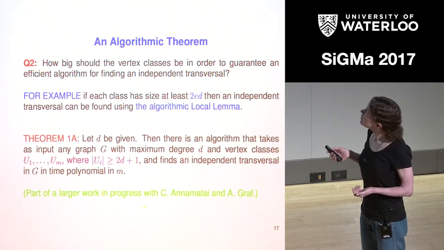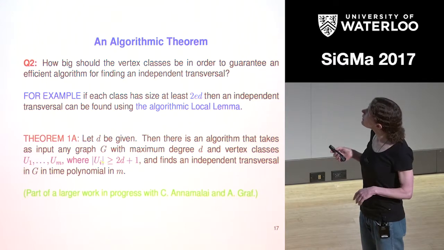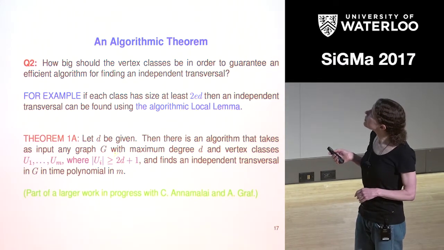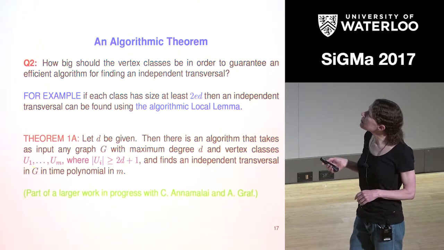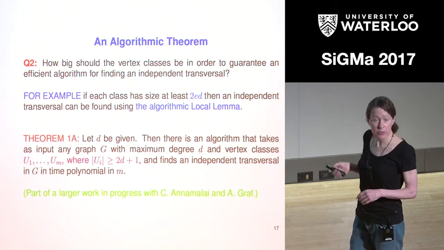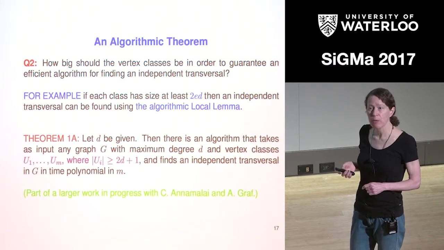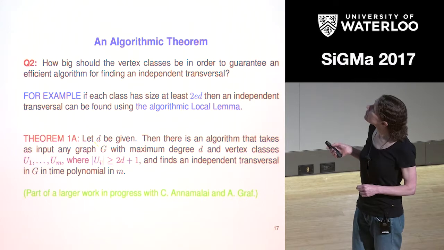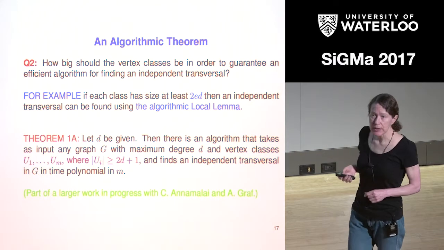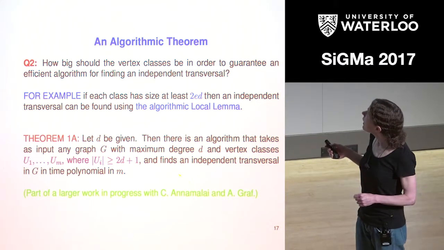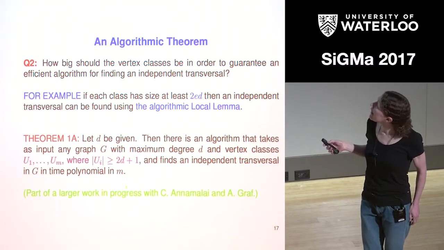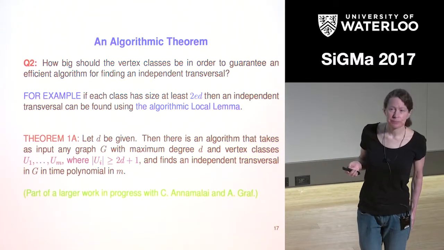Under those conditions, we do have an efficient algorithm which will find an independent transversal in your vertex partition graph as long as the classes have size at least 2D plus 1. So you just have to pay $1 more per class, as long as you're willing to do this for fixed D only, and you will find an independent transversal in time polynomial in M, the number of classes.